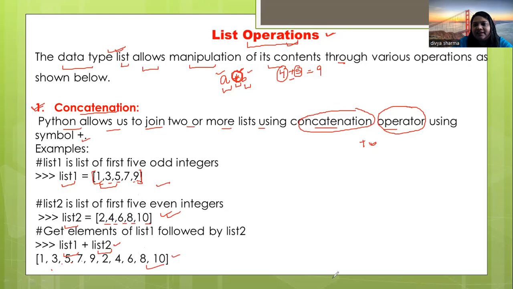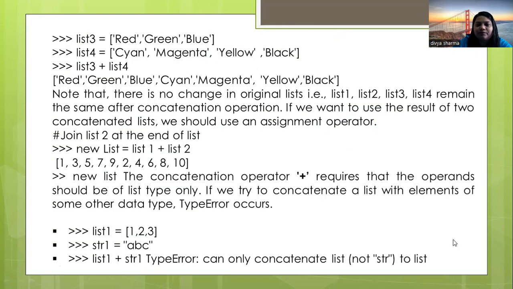Now let us take another example. We have list 3 containing elements red, green, blue. As we know, a list is a data type in Python programming that can contain data elements of any kind. So red, green and blue, these are data elements of which kind? They are of string type.